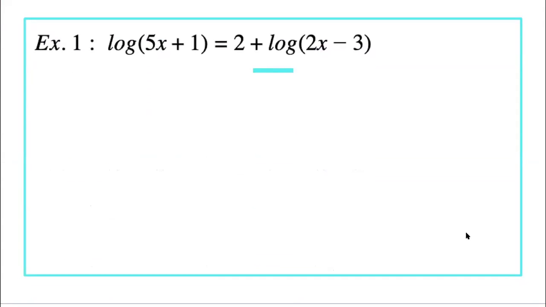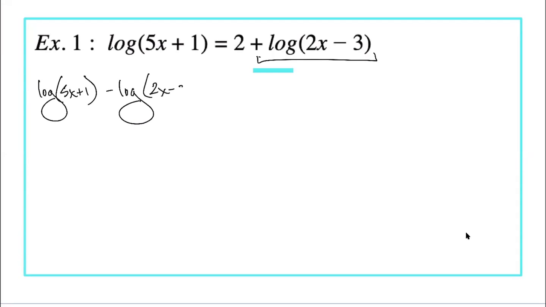Isolate the 2. Okay, cool. So we'll take this and we'll subtract it to the other side. All right, I like that. All right, ideas on what we do next.